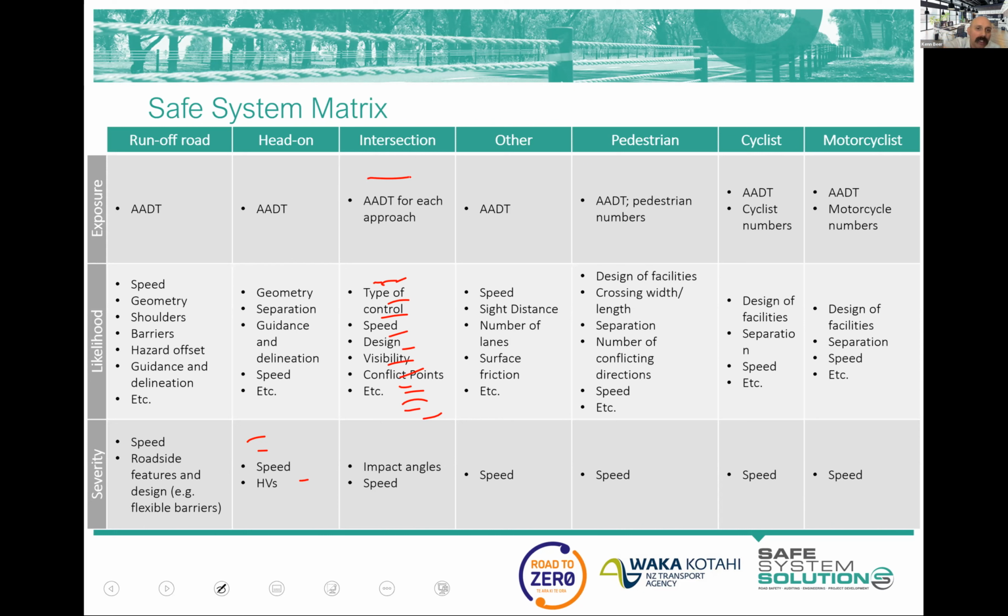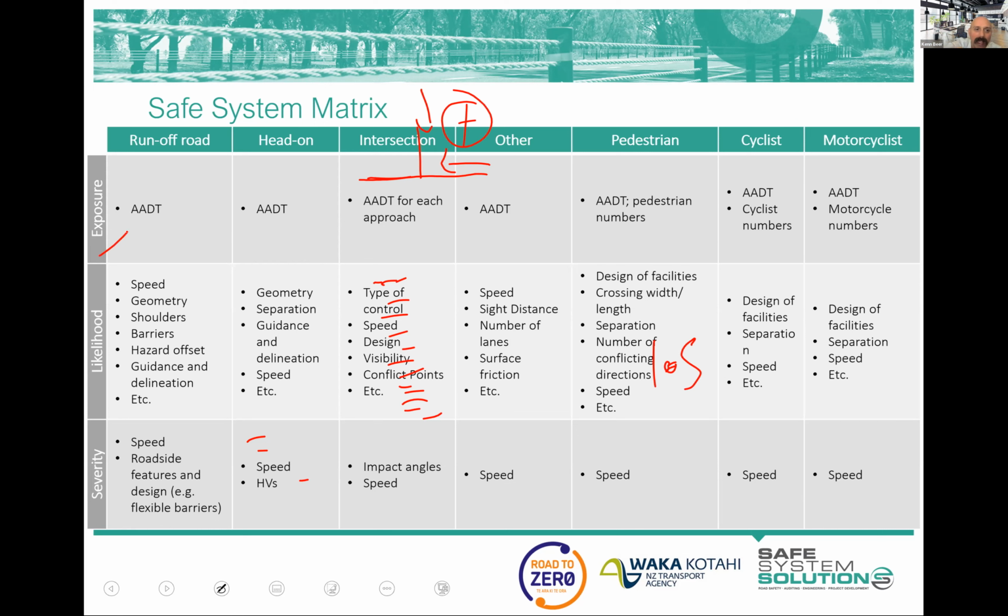The exposure is really just going to be, well, what are the volumes? And if it's your intersection, what are the volumes on this one and this one? And you add those together. You put your scores in, and we try to avoid going to a 0.5 in this scoring. We try to keep it at whole numbers, but if you really feel I must go to a 0.5, you can go to a 0.5.